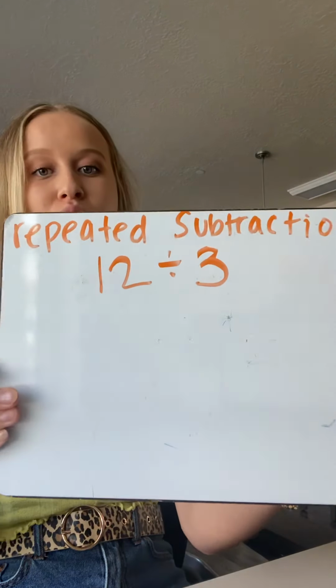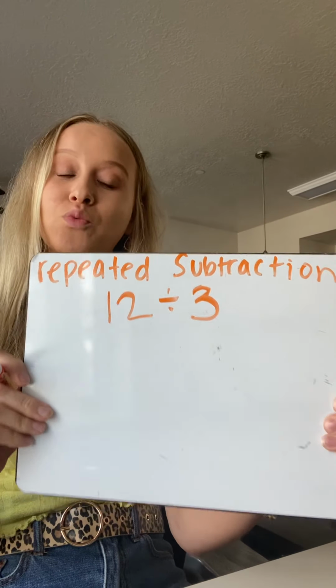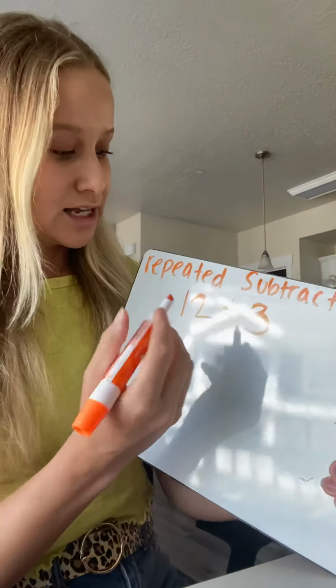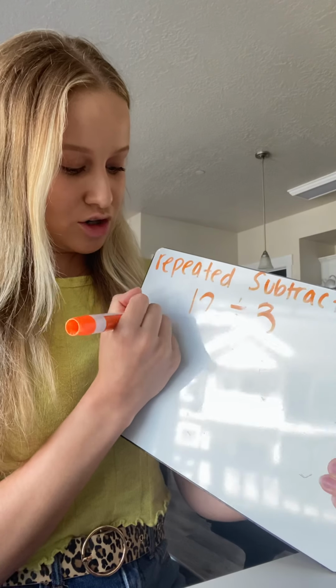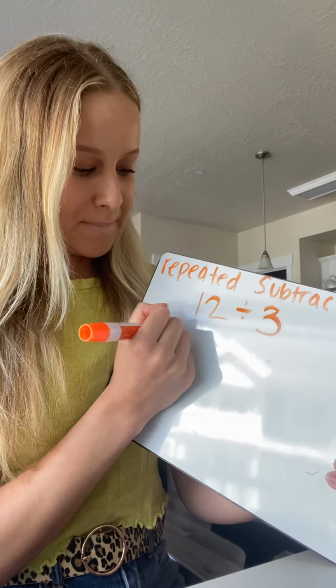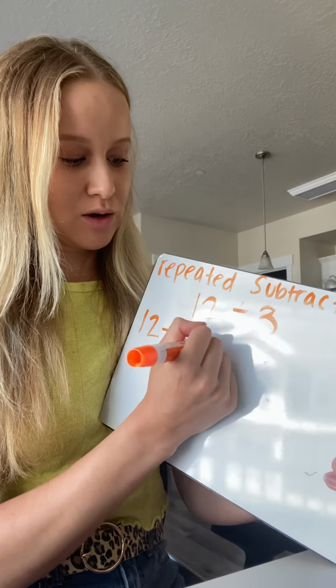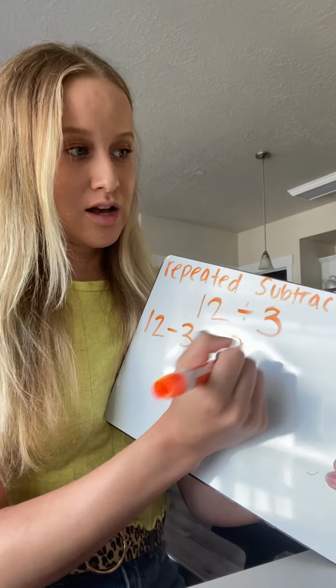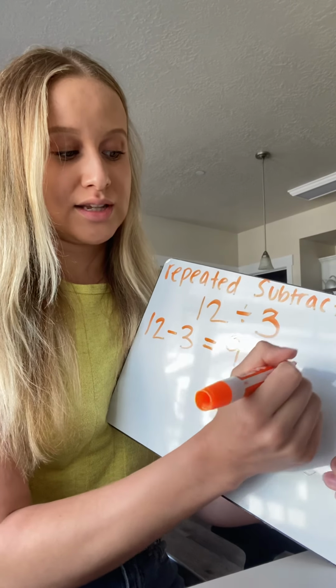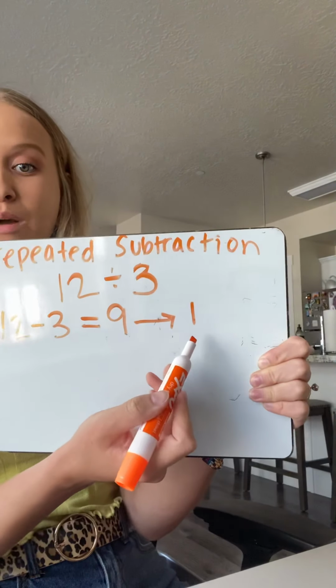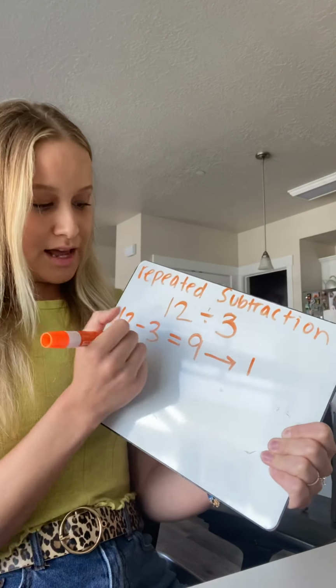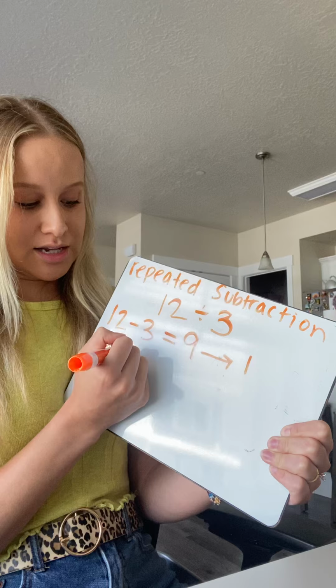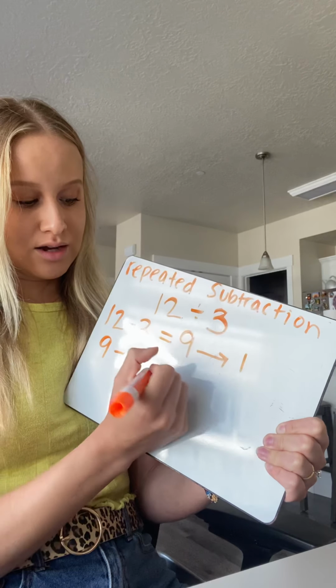The way you would use repeated subtraction is we would take 12 minus 3 equals 9. Then I'm going to draw an arrow, because that is the first time that we subtracted. Then we're going to take 9 and subtract 3 again.